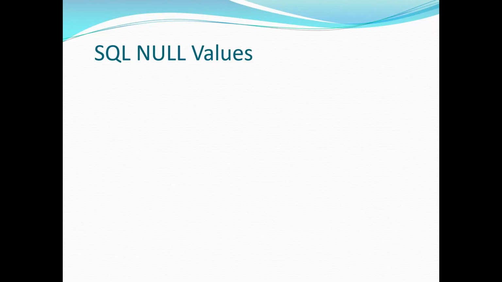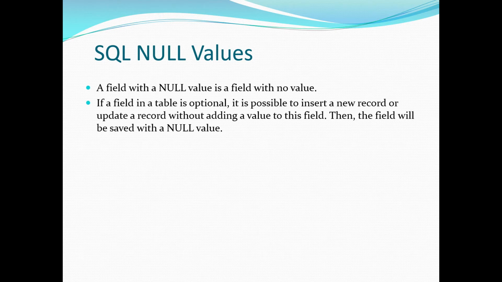SQL null values. A field with a null value is a field with no value, as its name indicates. If a field in a table is optional, it is possible to insert a new record or update a record without adding a value to this field. Then the field will be saved with a null value.